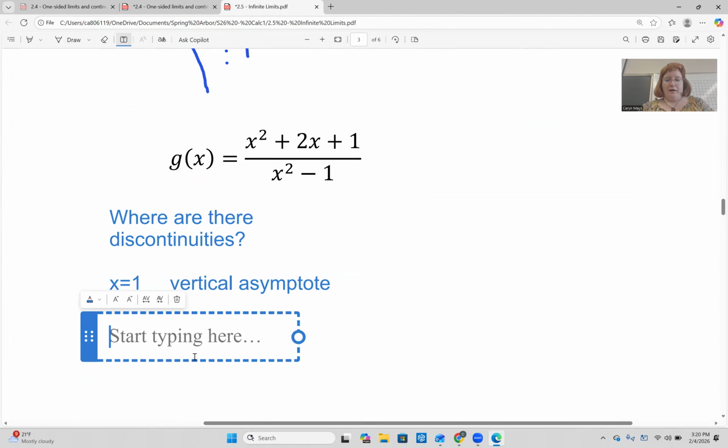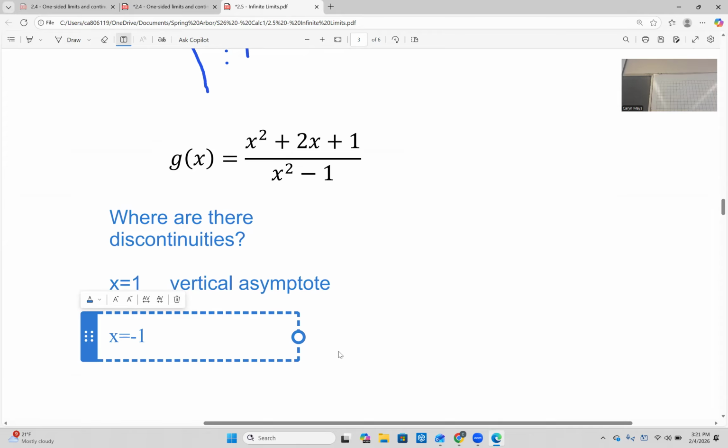Okay. X equals -1 was our other. If I take -1 and plug that into the numerator, what do we get? -1 squared is 1, 2 times -1 is -2.